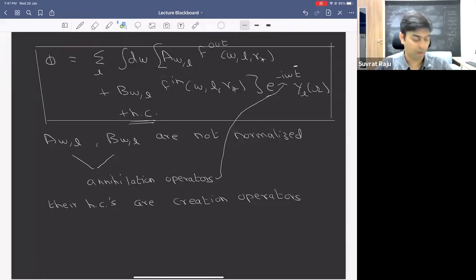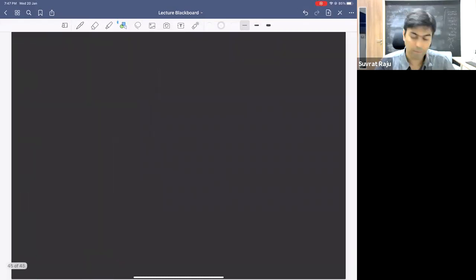This is how the field looks outside the horizon. But you could have asked, what happens as you cross the horizon? So far I've been talking about these solutions of the Klein-Gordon equation, but remember, the region that we are interested in spans the horizon.